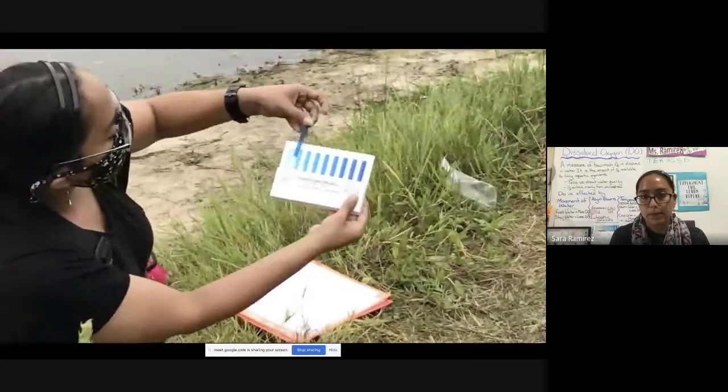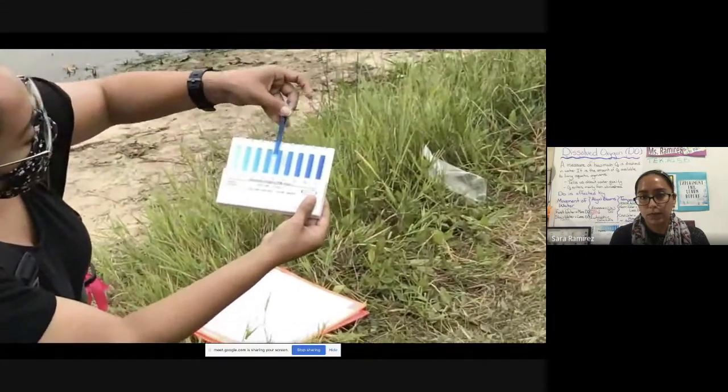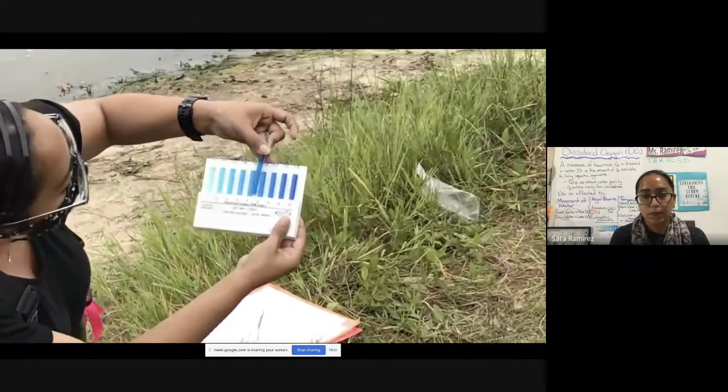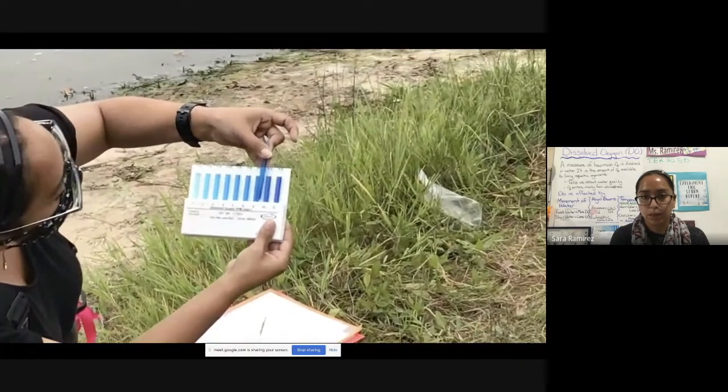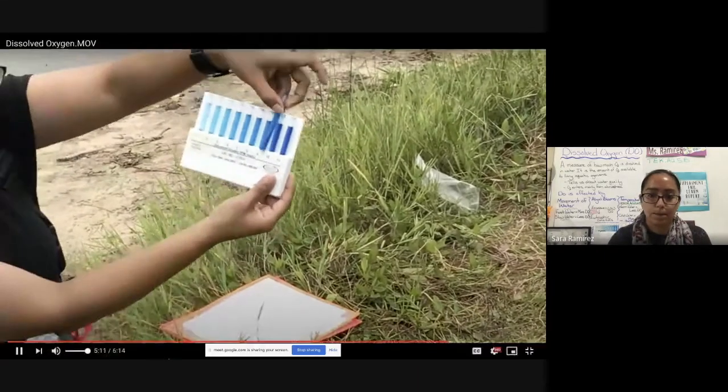So we kind of just start out comparing it to the different color samples. My sample is a little bit darker than these. I'm going to call it at around maybe 8 or 9.